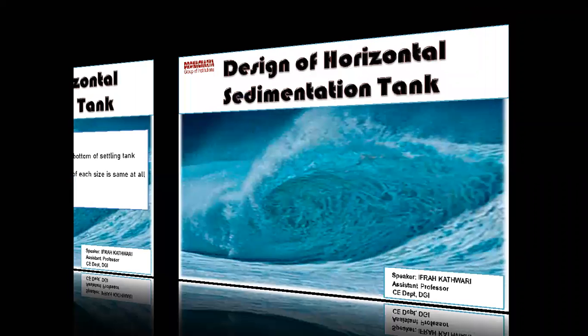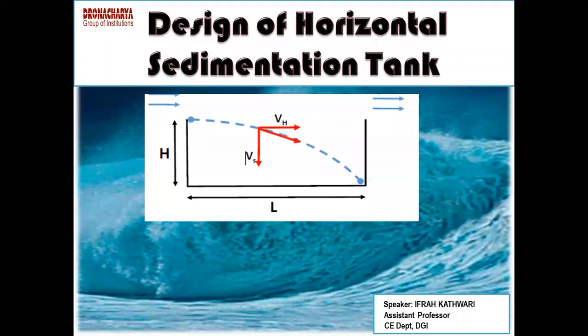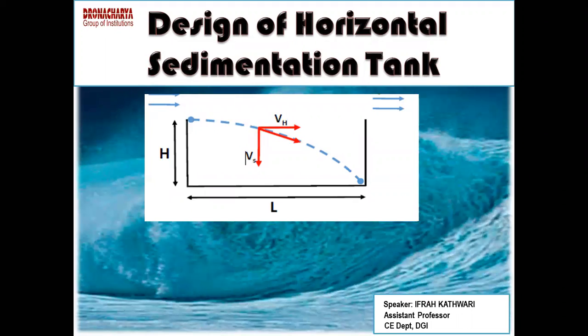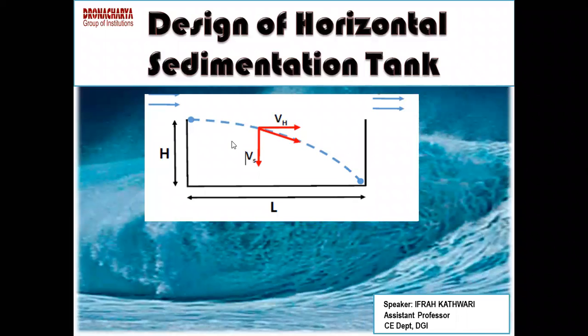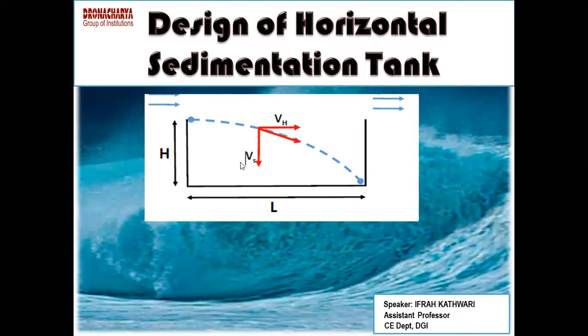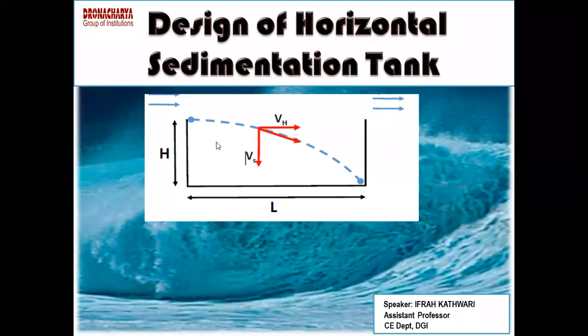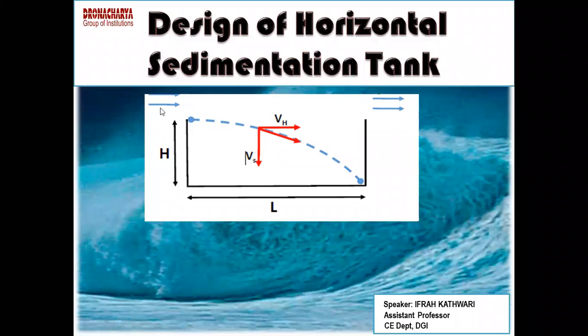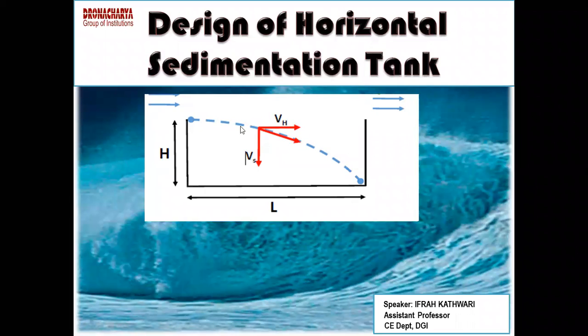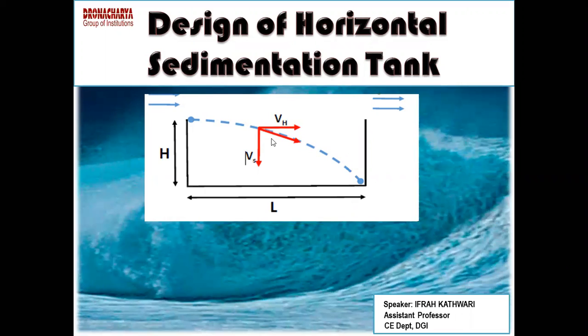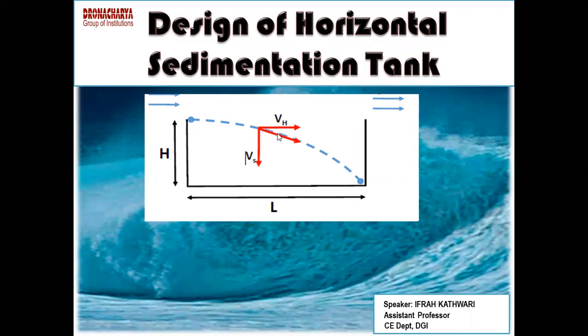Okay, this is a picture of a rectangular sedimentation tank wherein this is the inflow. The water is flowing into the inlet of the sedimentation tank. Water is flowing into the tank. So this is the horizontal velocity. The water is flowing in this way. We are using the vector quantity in this.